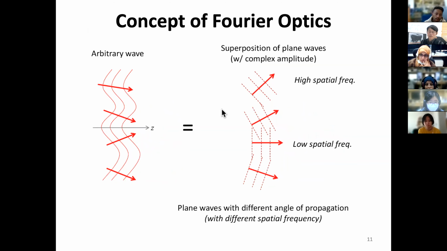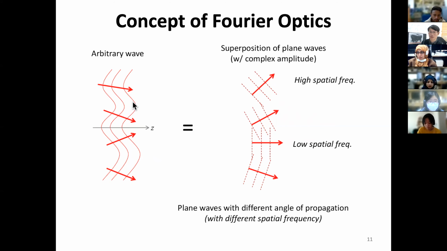So far, there was a good question about why we are doing Fourier optics, and Sadav answered well enough. Fourier optics helps us to see the same phenomenon from a different angle, and it turns out that makes our life much easier and more intuitive later on. That's why we study Fourier optics.